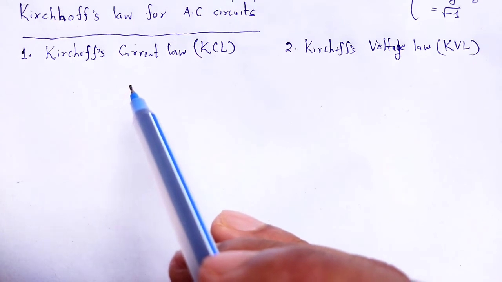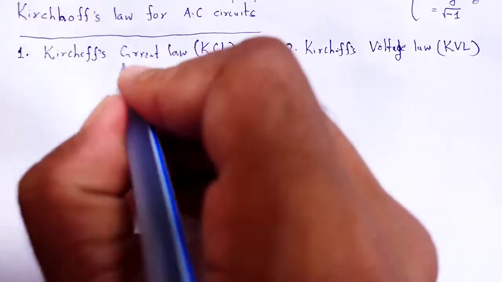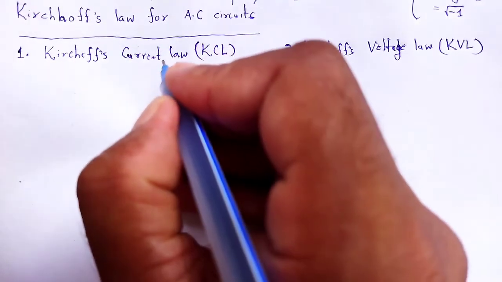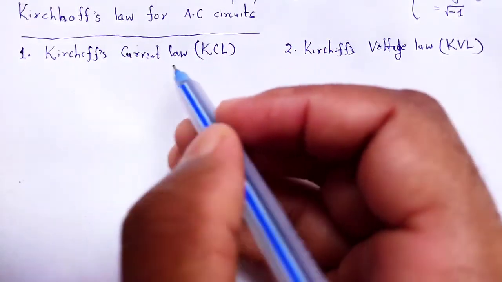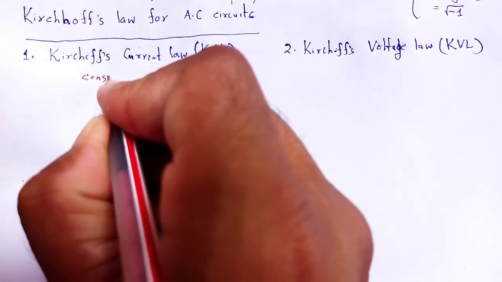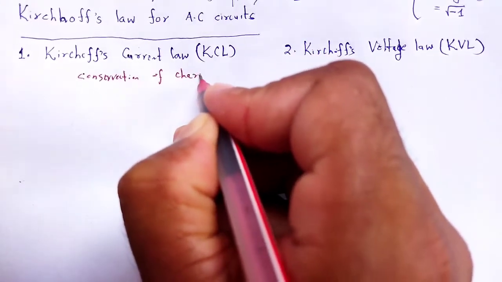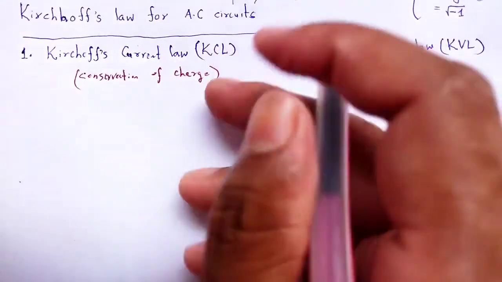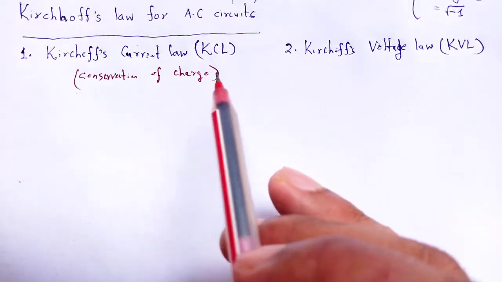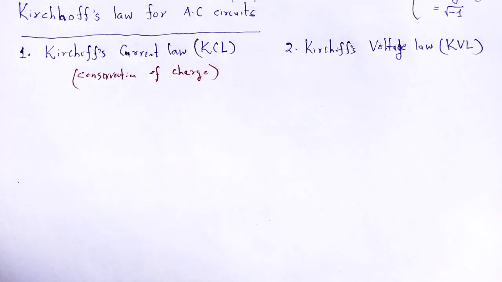So, in the case of a DC circuit, Kirchhoff's current law is basically the statement of conservation of charge. Look here, in DC, that is time independent current circuits, we have a steady current which does not depend upon time.